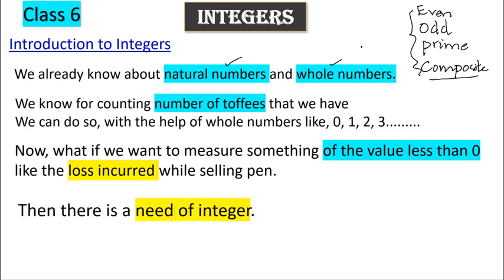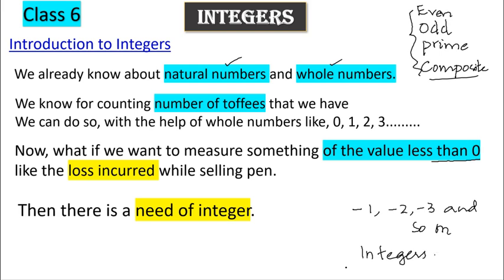Then there is a need for integers. So when the number is less than 0, like -1, -2, -3, and so on, we require the set of integers.